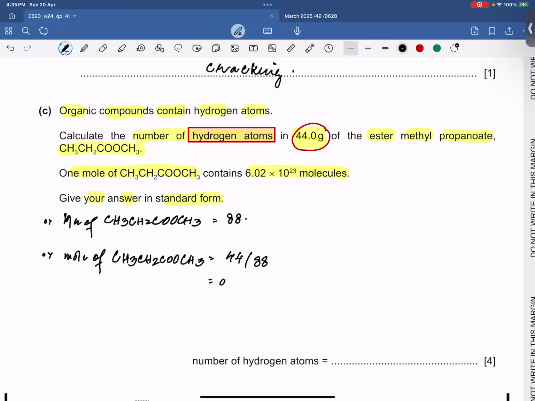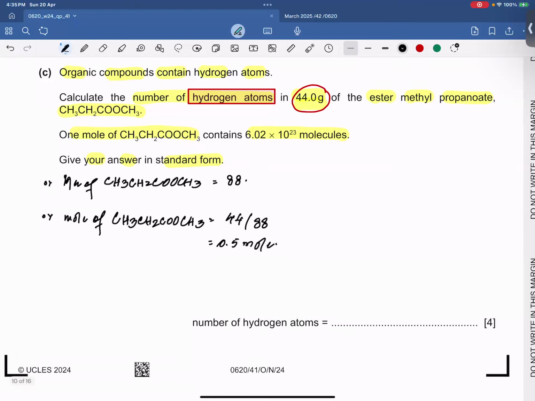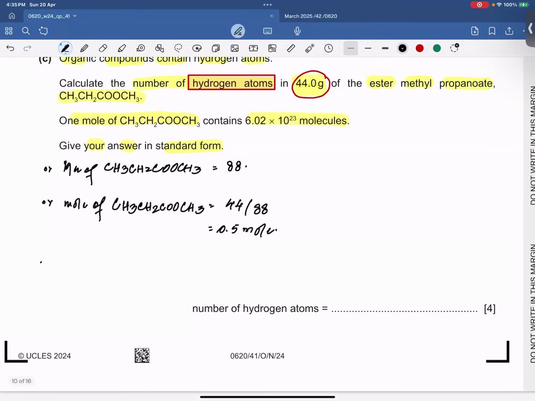Yeah, 0.5 moles. So the examiner is looking for the hydrogen atoms, all right? ये आपके पास है मिथाइल प्रोपेनोएट. और ये कन्वर्ट हो जाएगा, total how many hydrogen atoms, 8 hydrogen atoms.